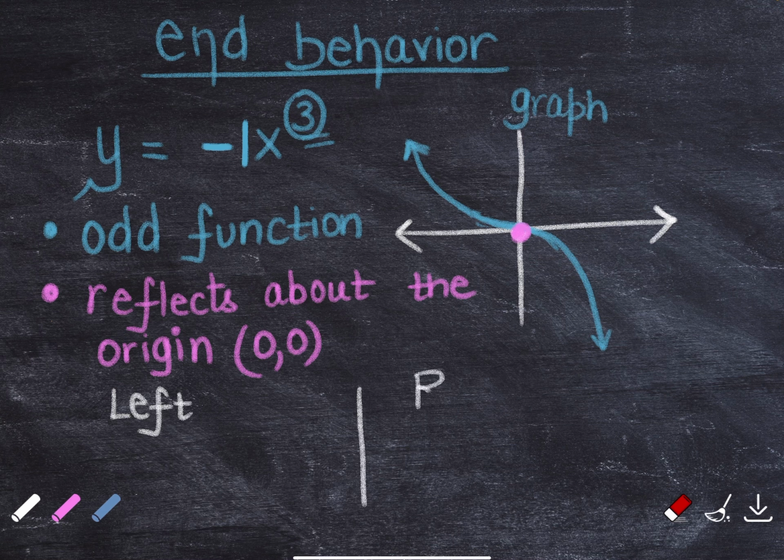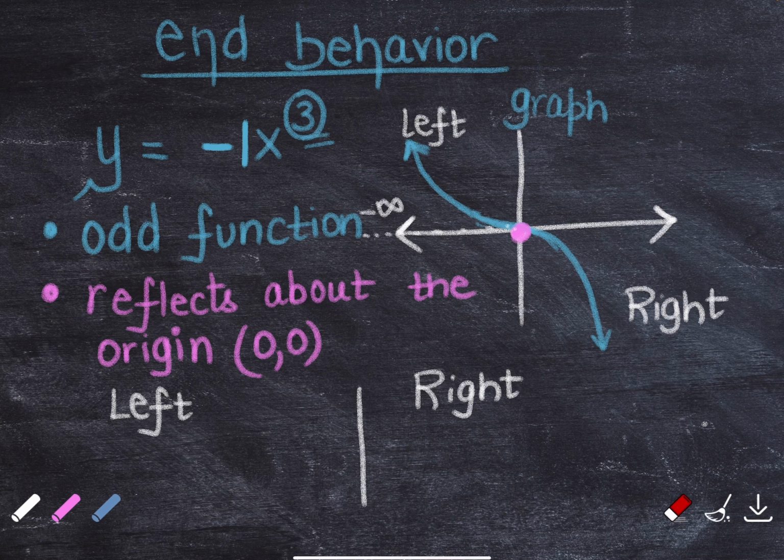So left and right, we are going to check two behaviors because it has the left side of the graph and the right side of the graph. Left is going to be this, and the right side is this. So let us take a look at the left side. On the left side, we are seeing that x is becoming smaller and smaller, so we know that x is going towards negative infinity.